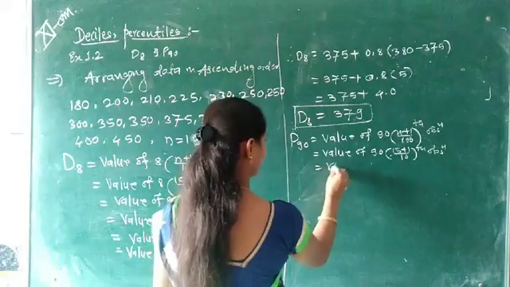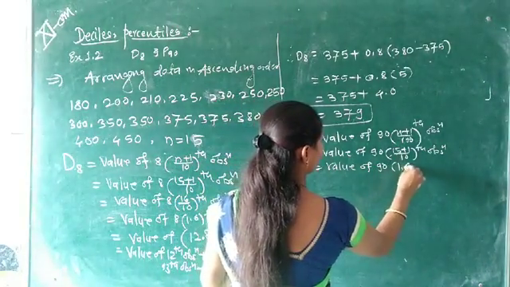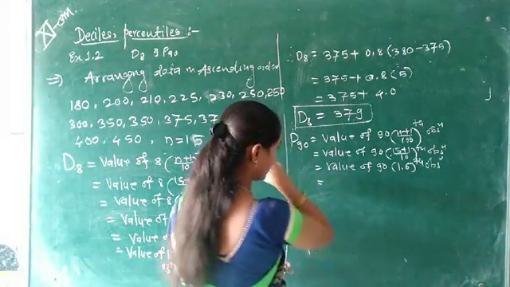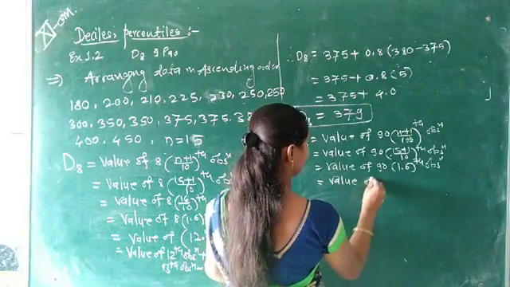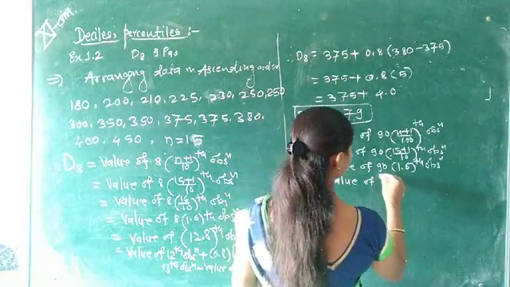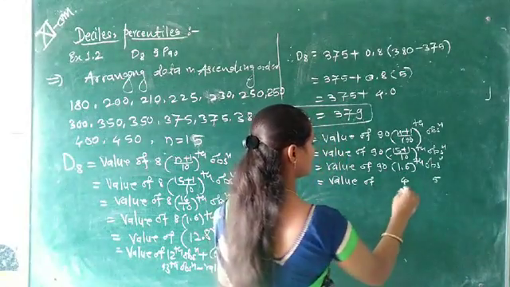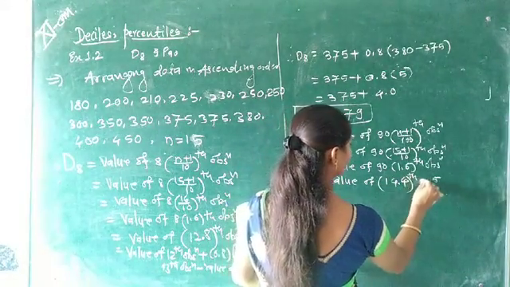Directly, the value of the 90 into 1.6 observation. 90 into 1.6: 9 6s are 54, carry 5, 9 ones are 9, 9 plus 5 is 14, that is 14.4th observation.